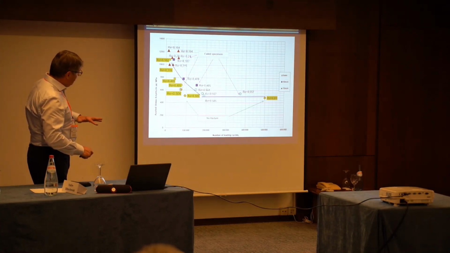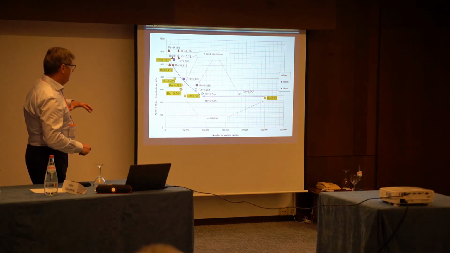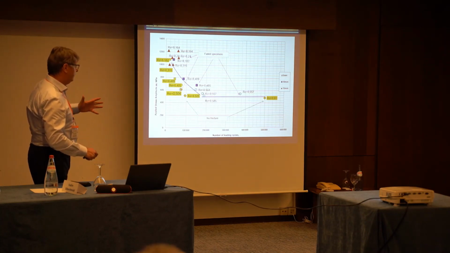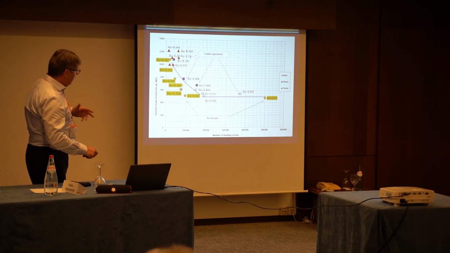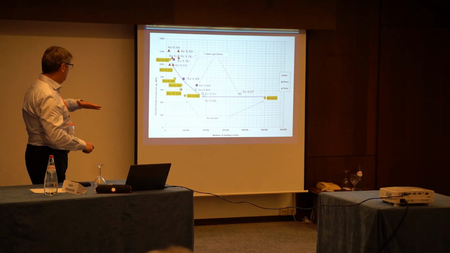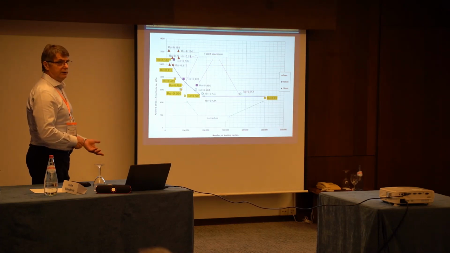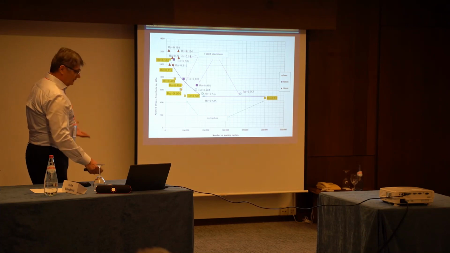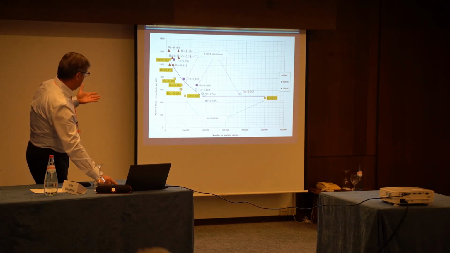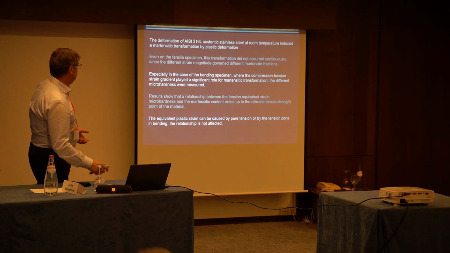And when you put it like that, you get something like an S-N curve. Here, for example at this point, we have no fractures, which means we got the fatigue limit, which fits the fatigue limit of this material. So this is what we got from this combination of loading.